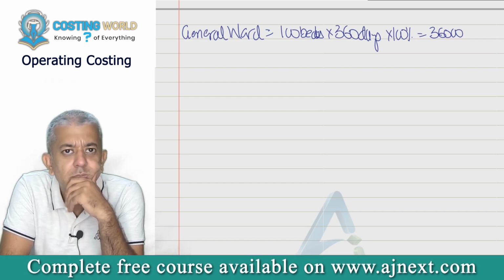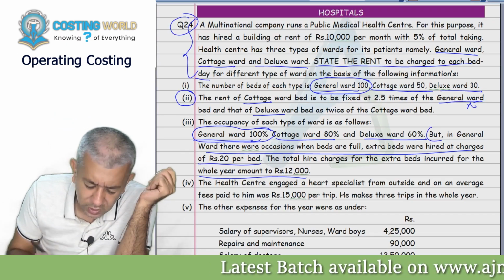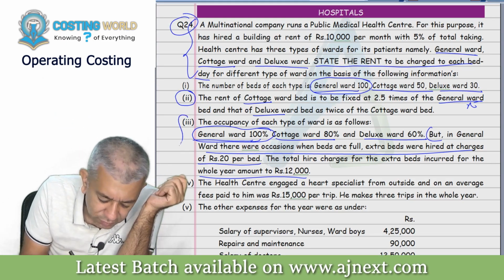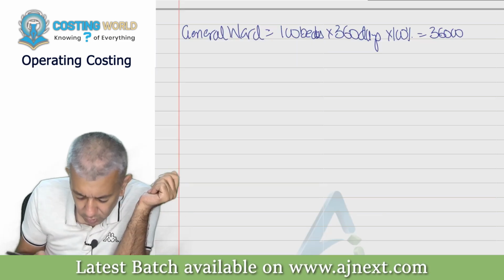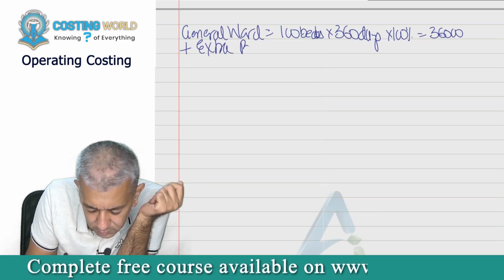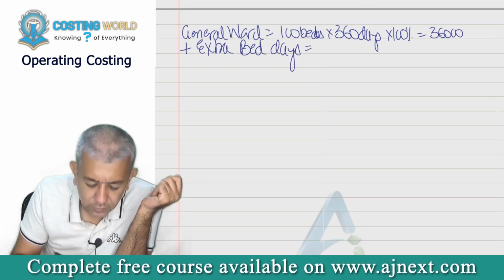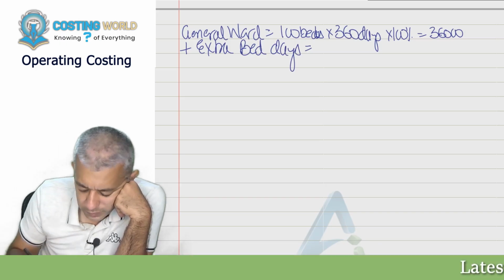Is this understood? Yes, sir. Because in the problem, those guys had told us there were occasions when the beds were full, no? Yes, sir. So therefore, add extra bed days.